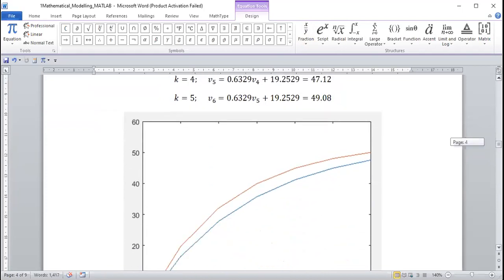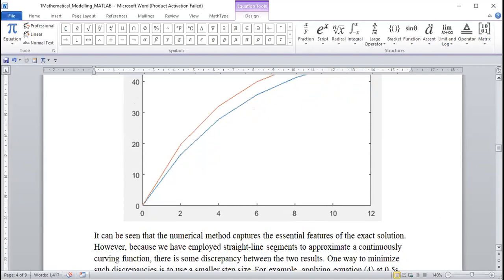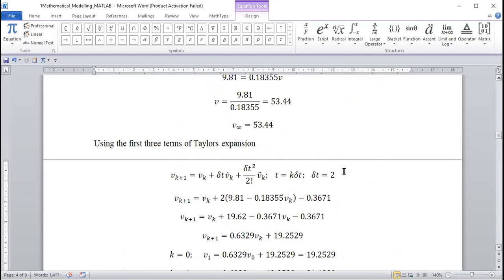And when we plot the graph, this blue curve is the curve for the exact or analytical solution, while the red curve is the curve for the numerical solution. So we can see that some difference exists between the analytical solution and the numerical solution. The reason for the difference is the step size, given by delta t. Delta t is equal to 2.